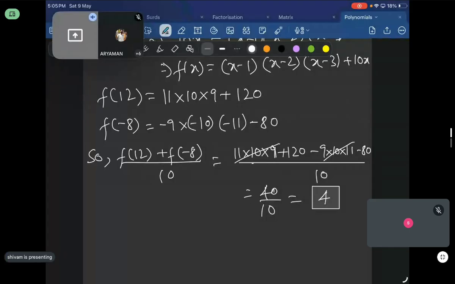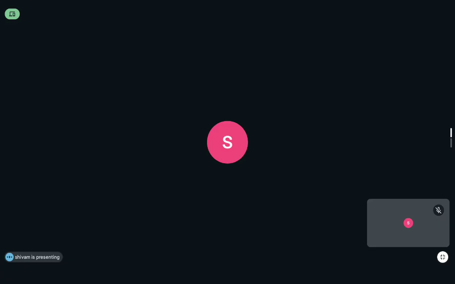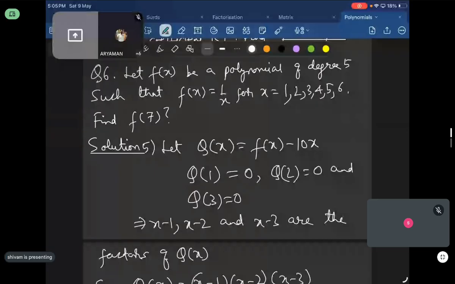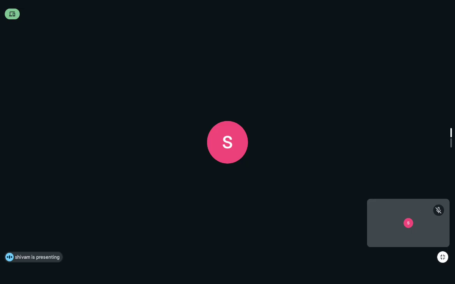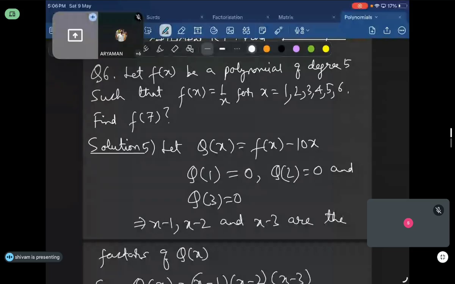Solve number 6. Should I solve? Tell me.